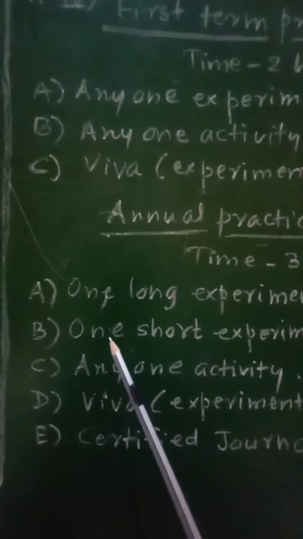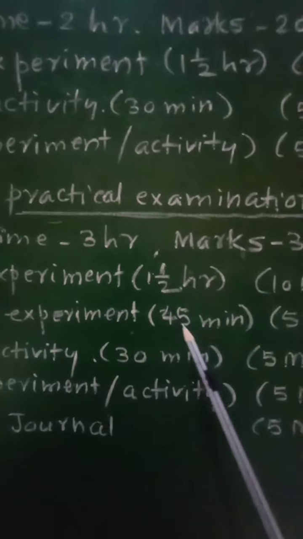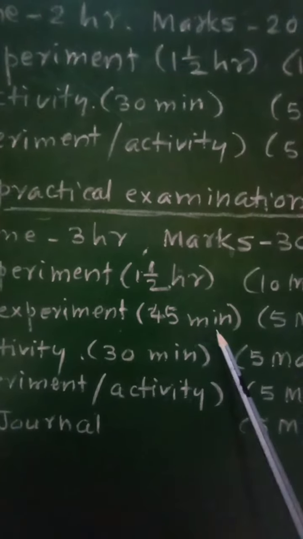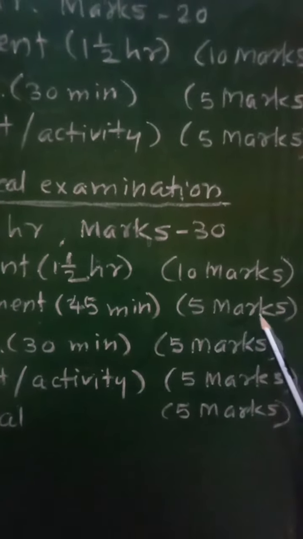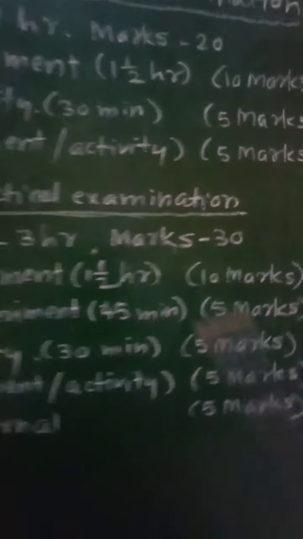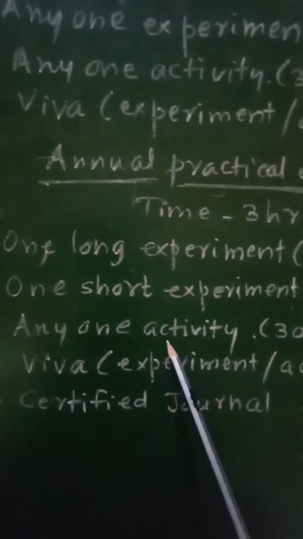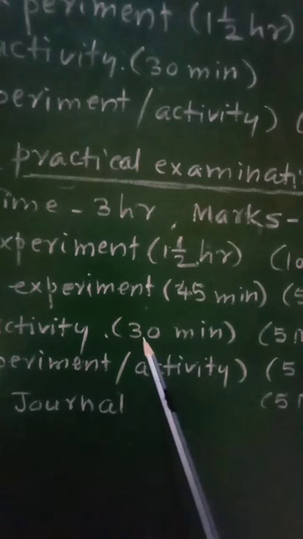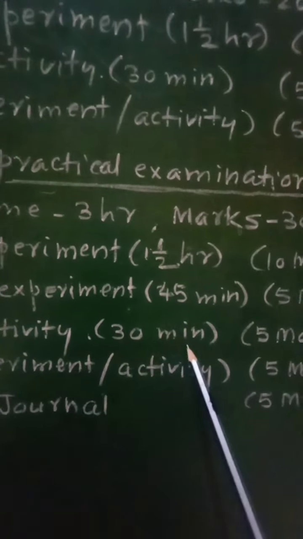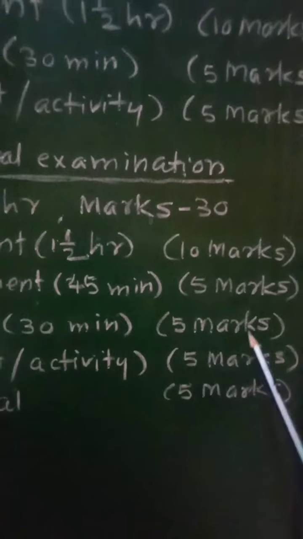Then part B, one short experiment, whose duration will be 45 minutes, and it will carry 5 marks. Then part C, any one activity, with a duration of 30 minutes, and it will carry 5 marks.